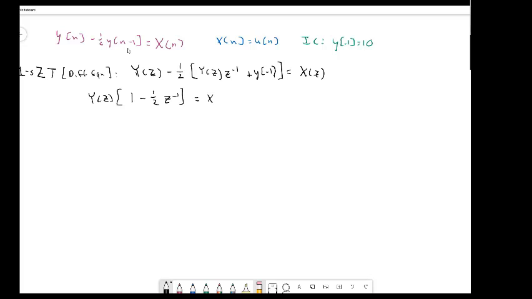That equals our X of z. And I'm going to move that minus 1/2 times y of minus 1 over to the other side of the equation so that it becomes a plus 1/2 times y of minus 1.